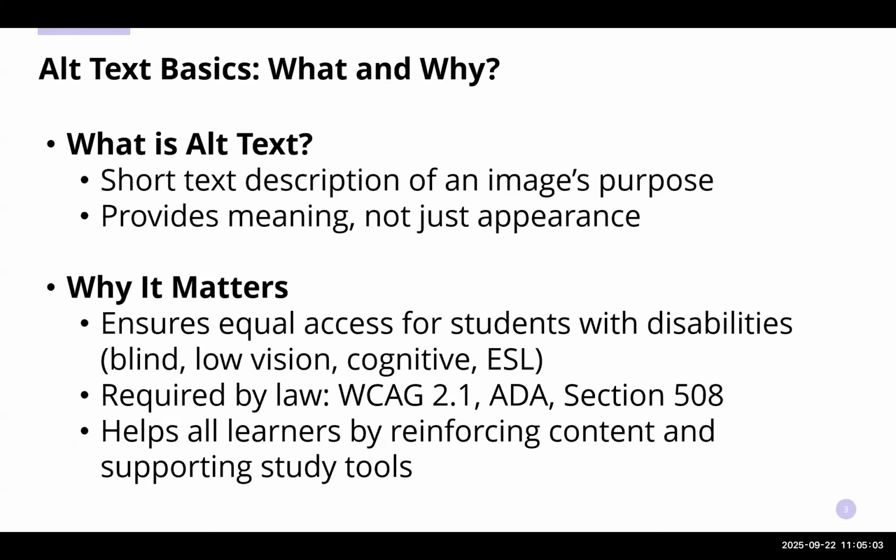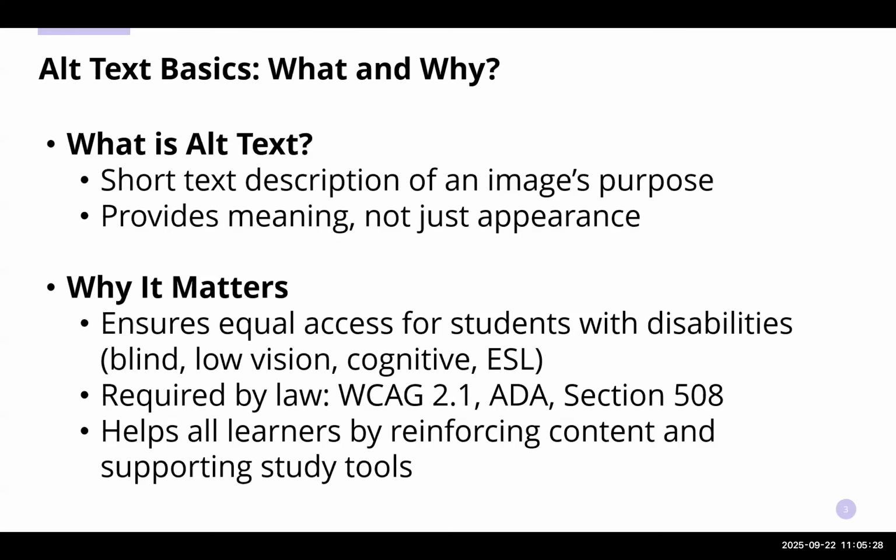Let's start with the basics. What is alt text and why does it matter? Alt text, which is an abbreviation for alternative text, is just a brief description that explains the meaning or purpose of the image. So it's not just about what the image looks like, but what it is trying to communicate.